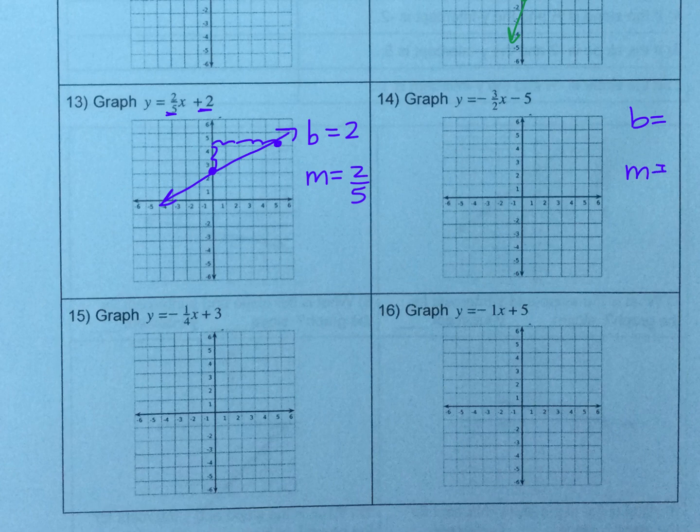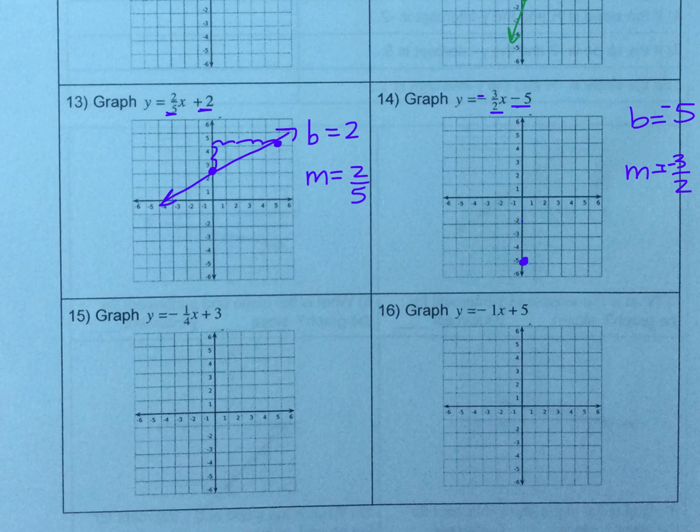All right, my B is the back. It's negative 5. My M is 3 over 2. Negative 3 over 2. I about missed that. Okay, so that means up and down. I'm going to go down 5 and put my first dot.